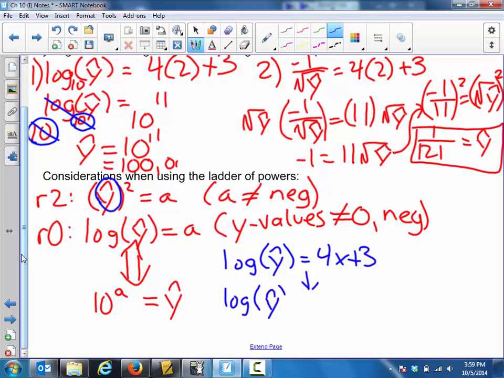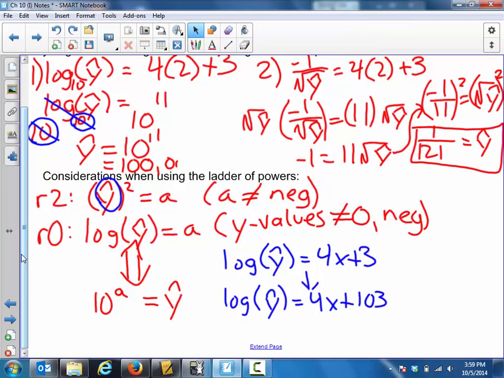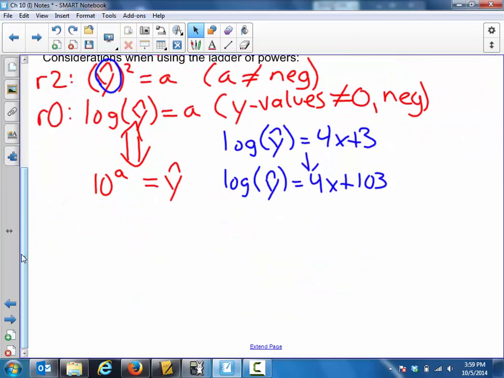Well, if that 4x plus 3 is giving you negative numbers, you can instead change it to log of y hat equals 4x plus, I don't know, 103, okay? Add some constant so that your y values are suddenly all positive. Now, I know this is abstract, but it's still valuable. You're going to see why I'm talking about this when we get to the homework, okay?